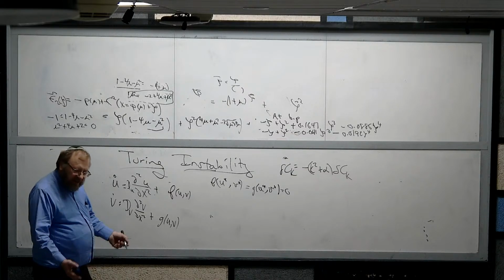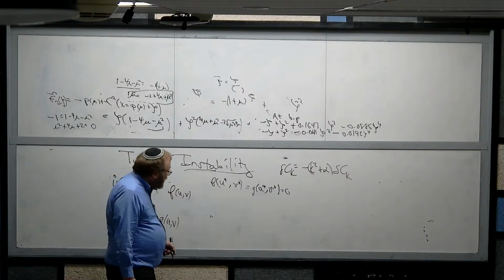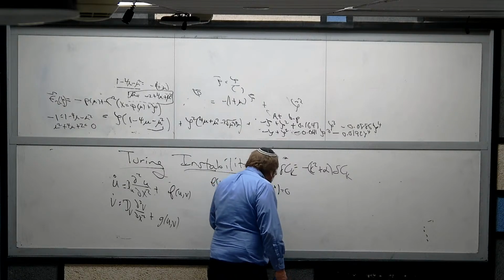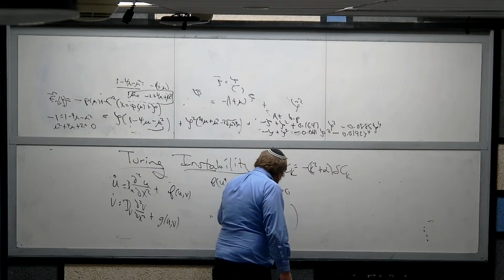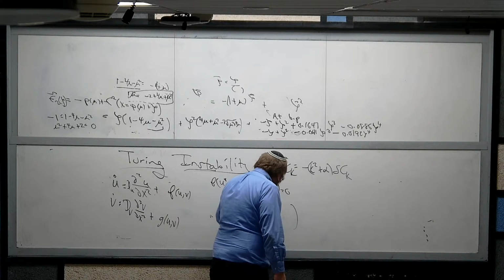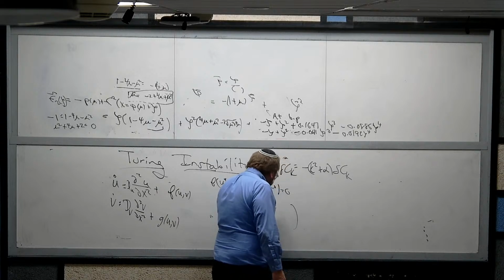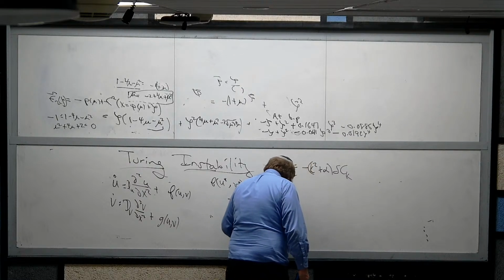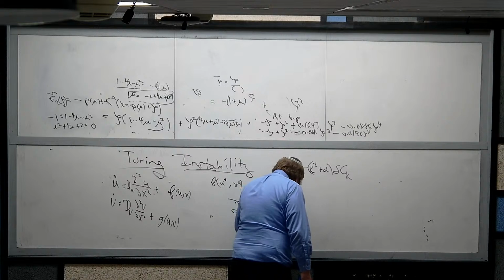We have to look at the Jacobian. The Jacobian J is df du, df dv, dg du, dg dv.